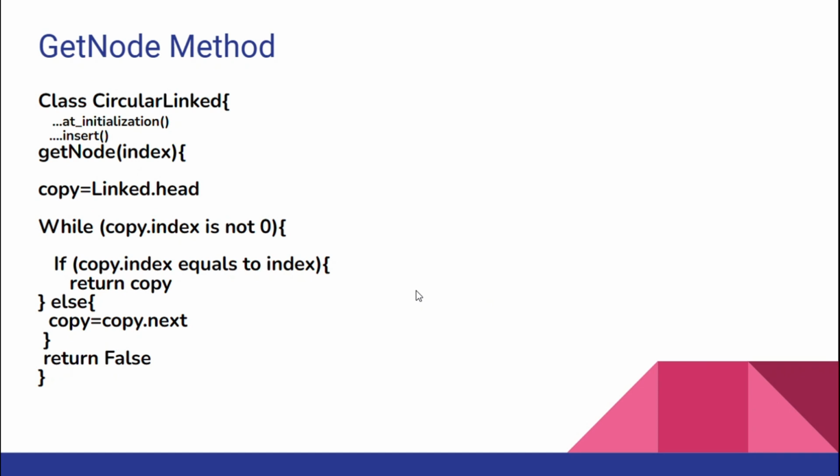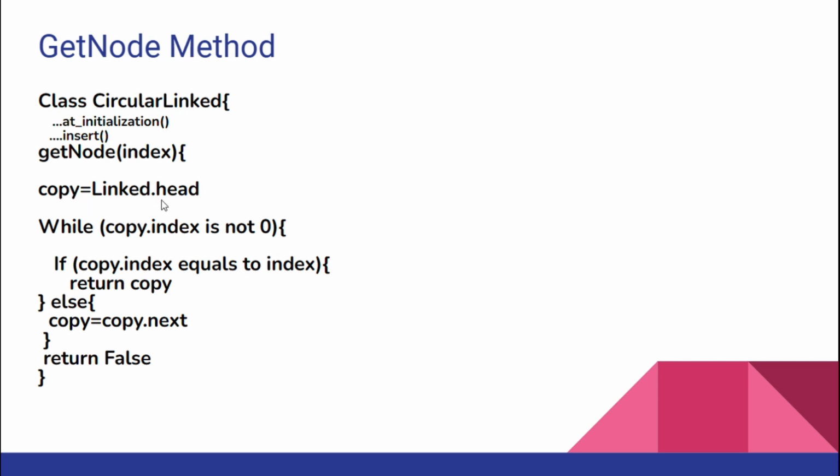So this is the get node method with the circular linked list, and it's very similar to the singly linked list get node method, but there is always a slight variation. The get node method takes in an index argument and uses it to search through the collection to find if any node has a matching index, and if it does find it, it returns that particular node.